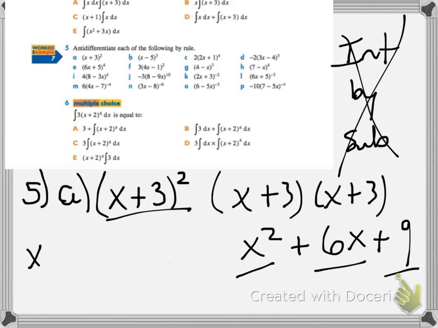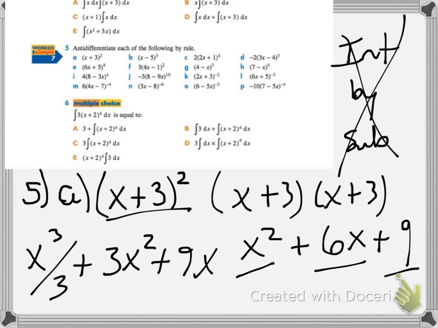So that would be x to the 3 over 3 plus 6x squared over 2 plus 9x. So you'd have to do every single one of these that way. So like in part B, you would expand x minus 5 quantity to the 3, take the antiderivative of each piece, and then it gets more difficult when you have negative powers.